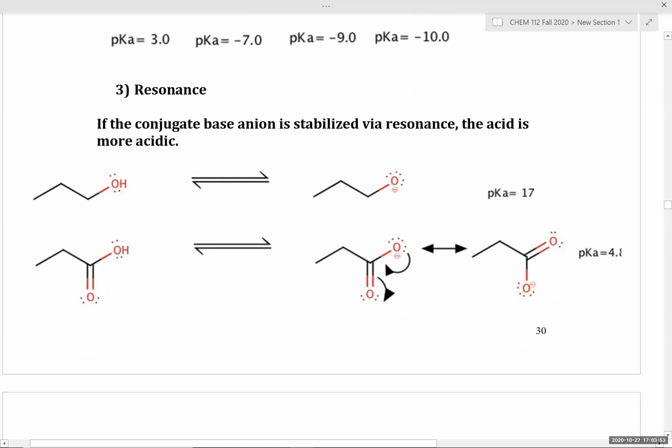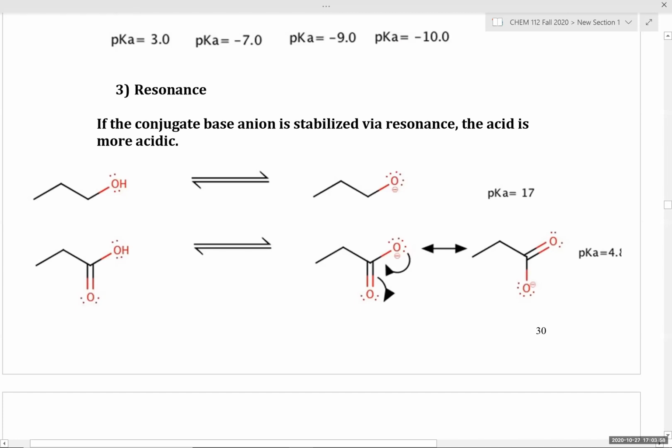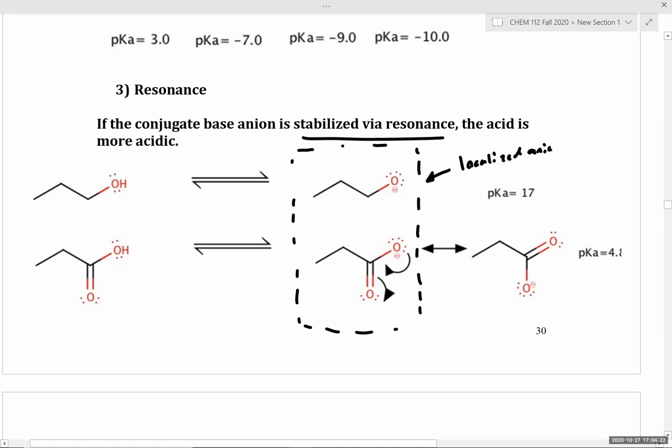The second major effect that is really important to consider is that if your anion is stabilized via resonance, then your anion is substantially more stable. So if we take a look at the following pairs of anions, we see in the first case for the propyl alcohol derived anion, it's a localized anion, and as a result, this anion is relatively unstable.